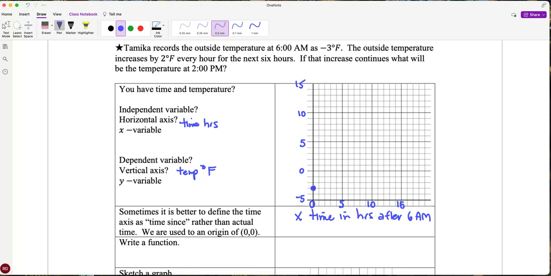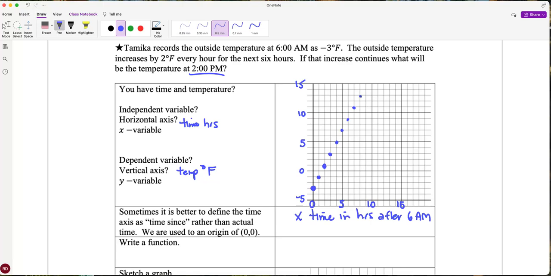And I know it increases 2 degrees every hour. Now I'm interested in what happens at 2 p.m. That's going to be 8 hours after 6, so I just need to continue my graph. That's at 6, 7, and right there is 8 hours.